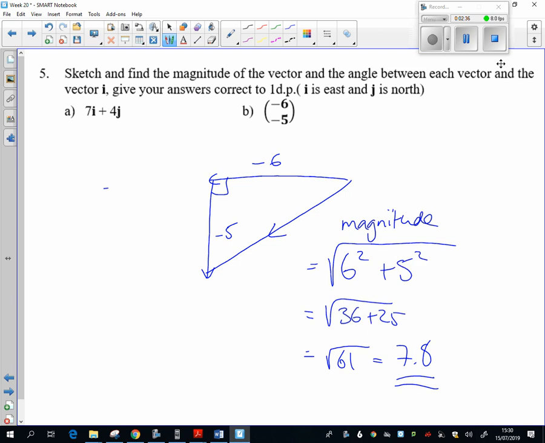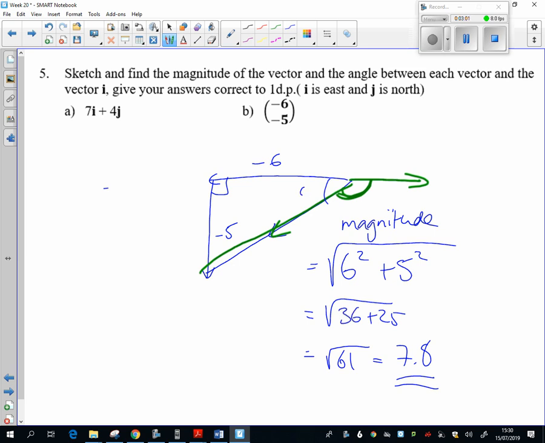Okay, and then I need the angle. So I want the angle with the i vector. The i vector is actually that vector there. So that's the angle that my vector is making with the i vector. So I think the easiest way to get that angle is going to be to use the right angle triangle to get that there.